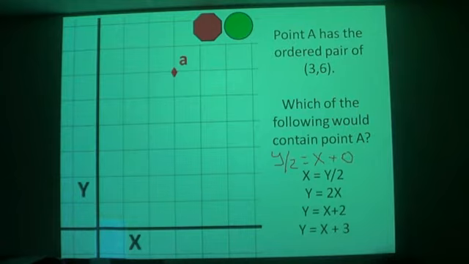And if I multiply both sides times 2, I'll get rid of this 2 here, so I just then wind up with y equals 2x plus 0.